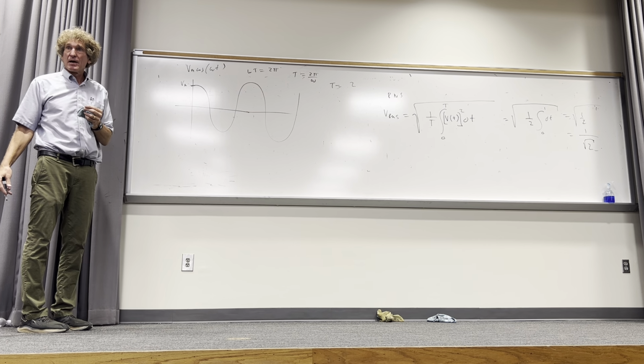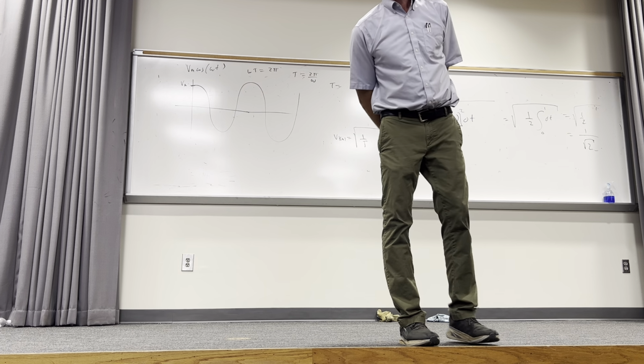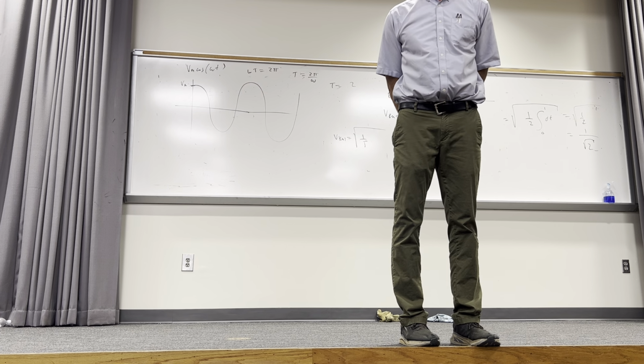Now, if I use this formula to calculate the RMS value of that, I'm going to cut right to the chase here. You would find V_RMS at the end of the day would be the square root of 1 over the period. And here's the beautiful thing. When I square a cosine waveform, what do you get? What is cosine squared of theta? Isn't that 1/2 plus 1/2 cosine of 2 theta?